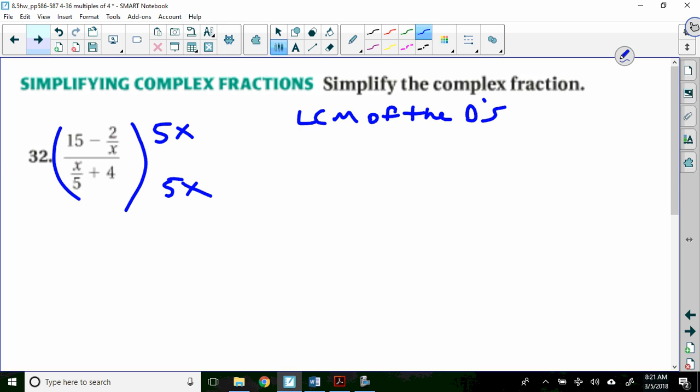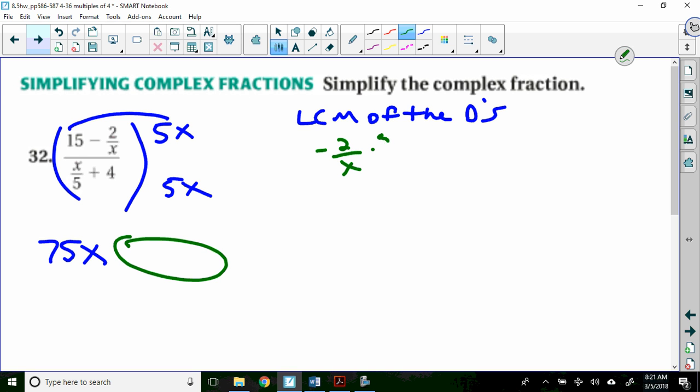So what ends up happening is we've got 15 times 5x, which gives us 75x. Now, this other term right here, what's going on there is we're going to be taking negative 2 over x and multiplying it by 5x. Can you see anything that might cross-cancel in that? Can you see that this x is going to cross-cancel that x?